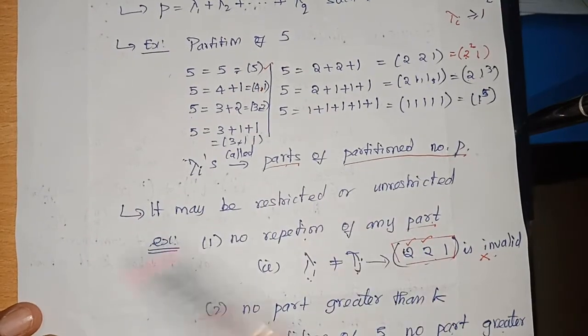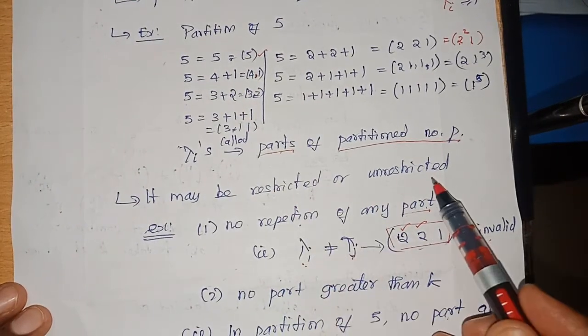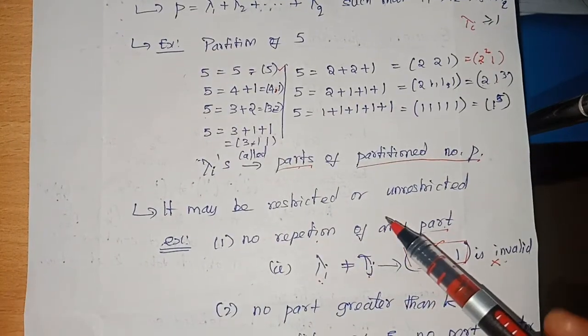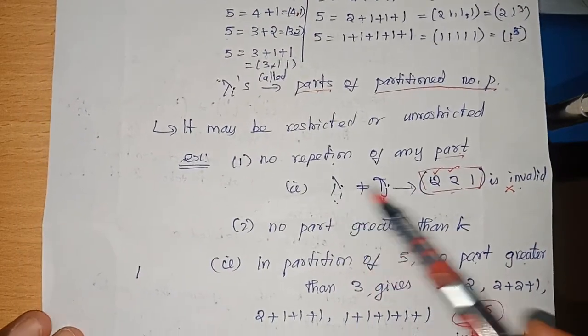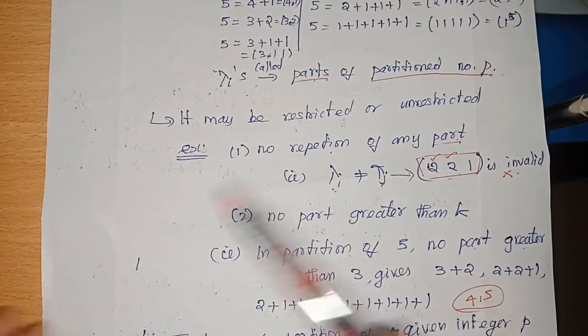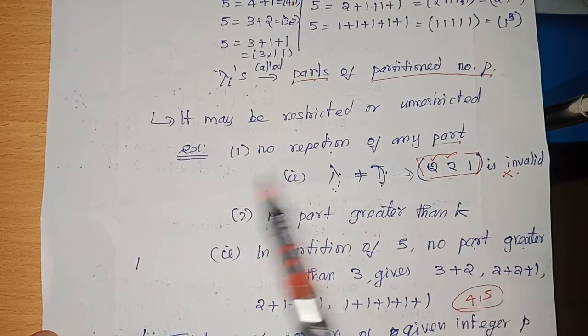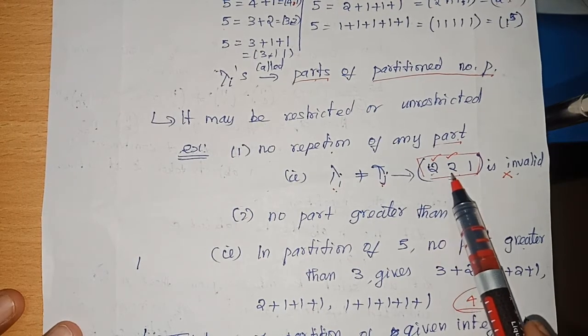Sometimes these partitions can be done either with restriction or unrestricted. These are all unrestricted; you can write it in any way. Suppose some restriction is imposed. What happens? Let us see two types. Let me give you an example: no repetition of any part. Any part should not be repeated. Take this example 2, 2, 1.